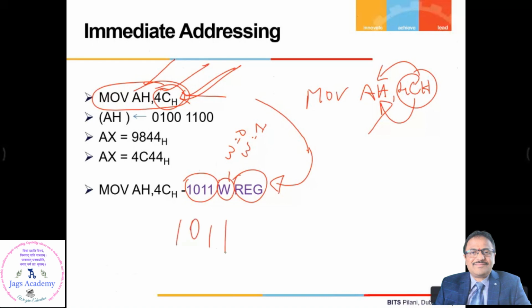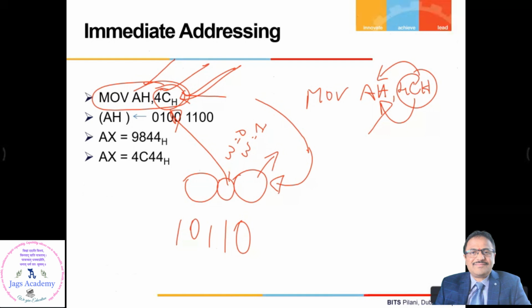1011. Can you tell me what is the W for this? 0, right? Because it is 8-bit. Which register? Only one register. What is that? AH register. Can you see the table? What is REG for this?